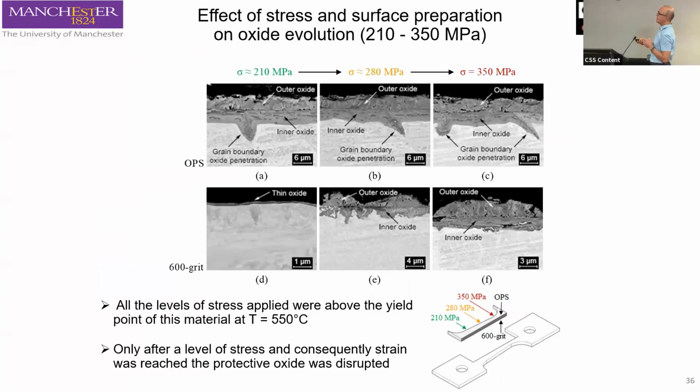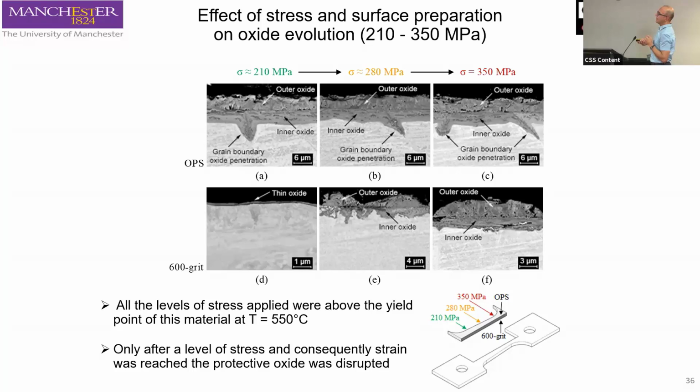This time we used a taper sample. Here is a schematic of a taper sample, and we conducted the examination in different locations away from the section of the narrowest section. What we identified was that a stress of about 210 megapascal was effectively the threshold for the conversion from an external protective Cr2O3 type oxide into a dual oxide behavior.